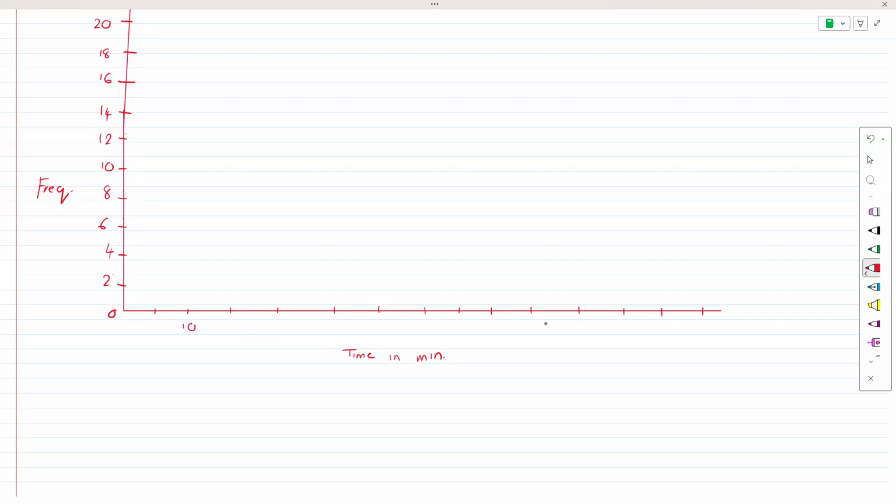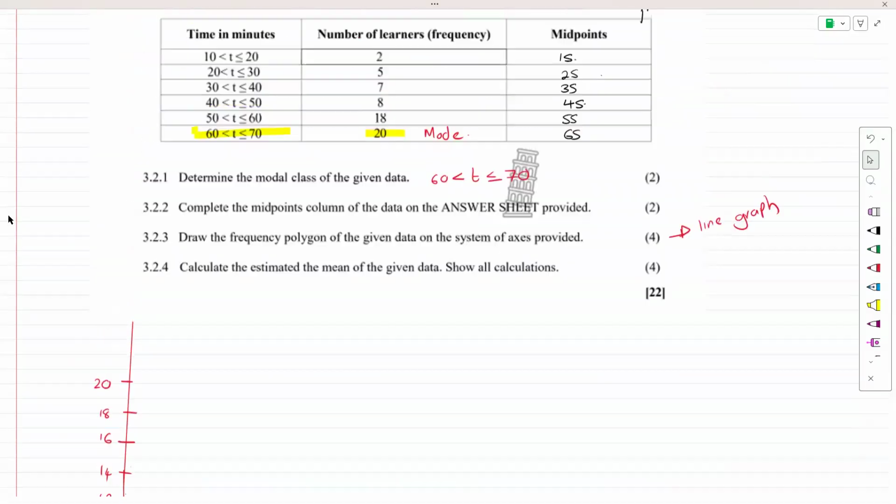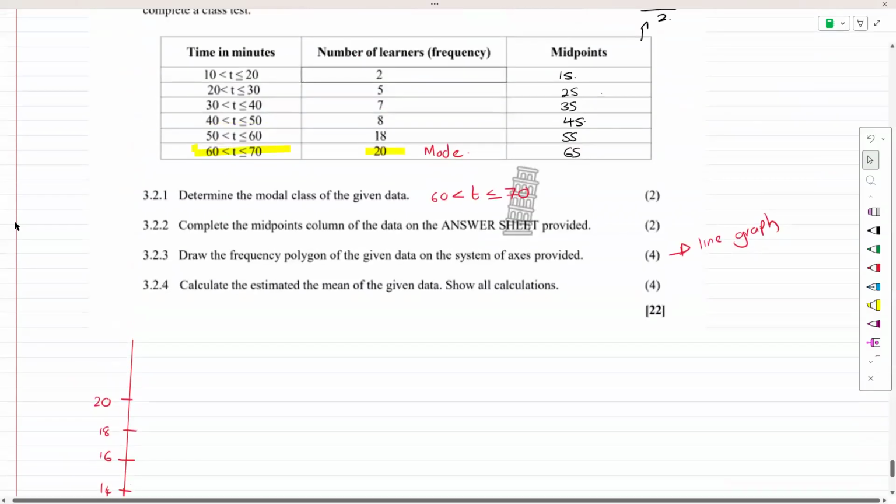So I'll make it 10, 20, 30, 40, 50, 60, 70. That's the middle numbers. That should be fine. Do we need to go further? No, we don't need to go further.